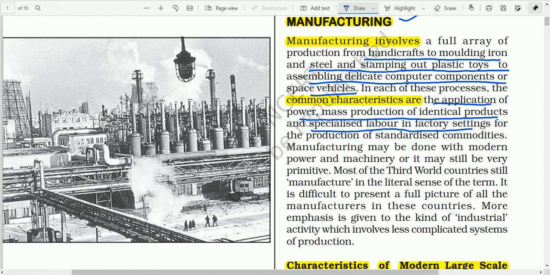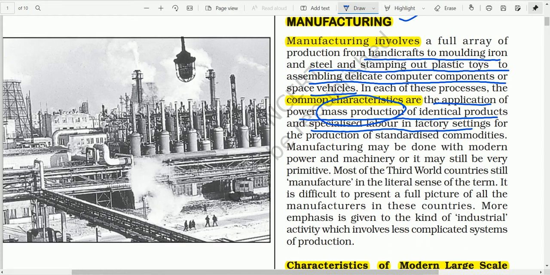In some cases there is mass, large-scale production of identical products, and in modern large-scale manufacturing industries, specialized labor is there. Of course, we are going to learn about it in detail.